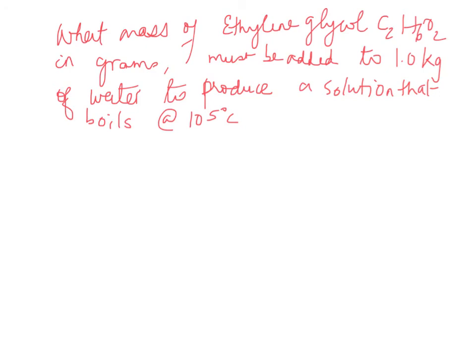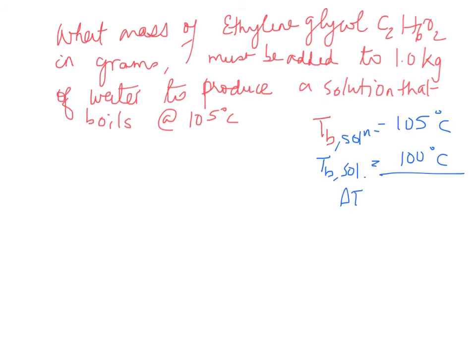So you're given that Tb solution is 105, and you know that Tb solvent for water boils at 100 degrees Celsius. So we know that the change, the delta Tb, is going to be worth 5 degrees, right?